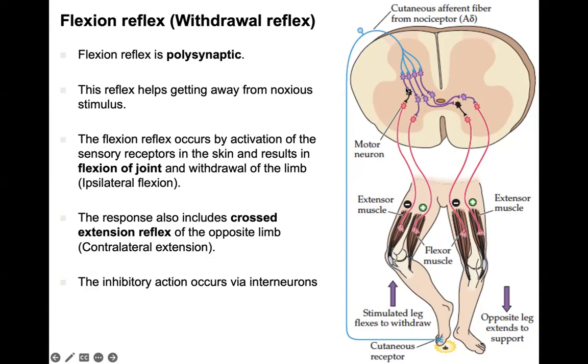In contrast, the black right here is inhibitory interneurons, right? So whenever you reach the inhibitory interneurons, it's going to inhibit the neurons after that. In this case, it's the motor neurons that go to the opposite muscle, or extensor, right here, right? On the leg that is flexed, right?